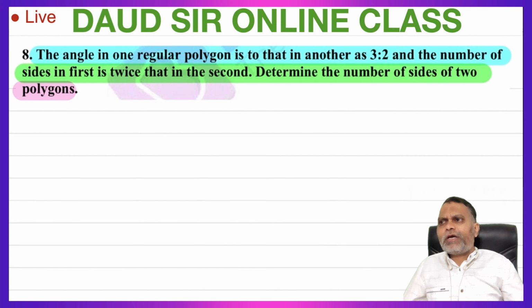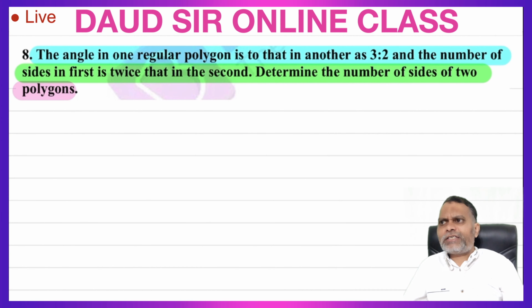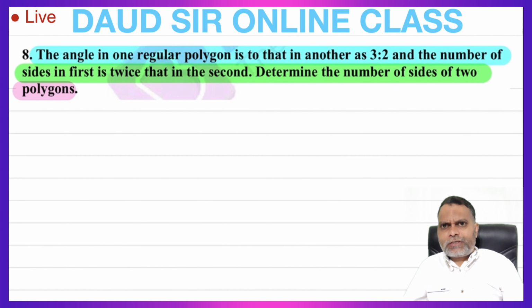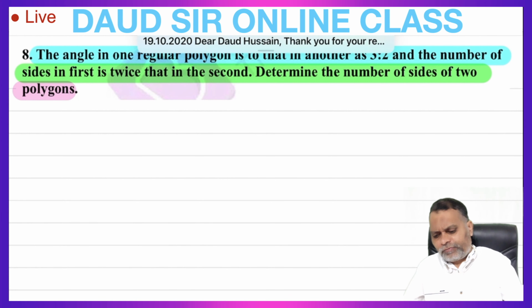In this question, the angle in one regular polygon is 2, in another polygon is given 3 is to 2, and the number of sides in first polygon is twice that in second polygon. So determine the number of sides of two polygons. So we can consider the sides of first polygon be 2x and the number of sides of second polygon be x.